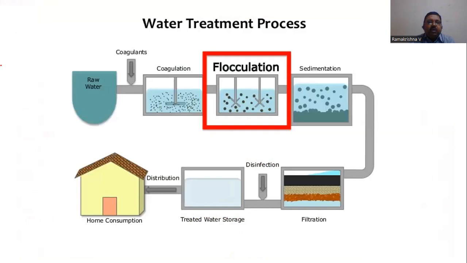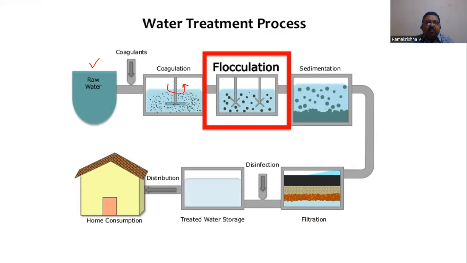So now you see in the water treatment process, you have raw water, and we are adding some coagulants like alum or iron oxide, and we mix them here by rotation, where the chemical will get dissolved, and then the fine particles will get attached to the positive ions in the coagulant.